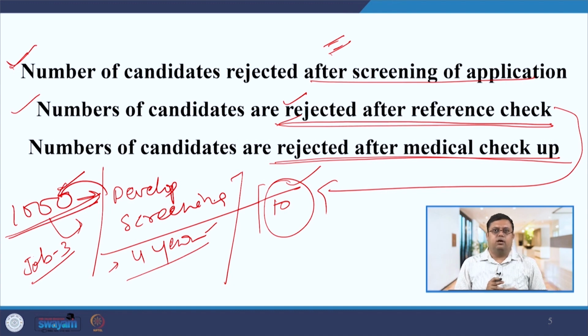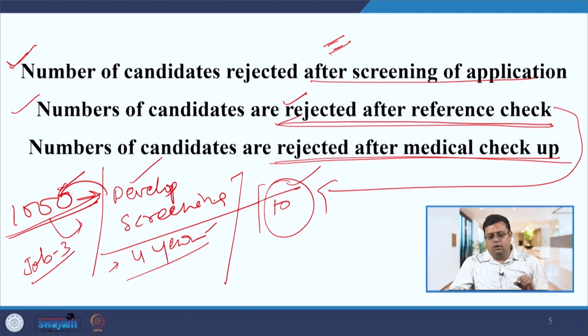Another way you can say it is that your employer brand is increasing, because you are getting good quality candidates and you are able to attract candidates from your competitors. So your screening criteria is going up and up, which is in favor of the organization.